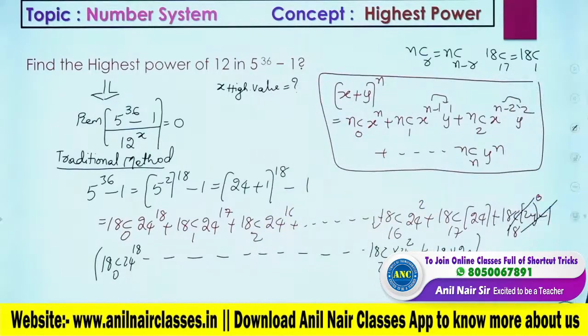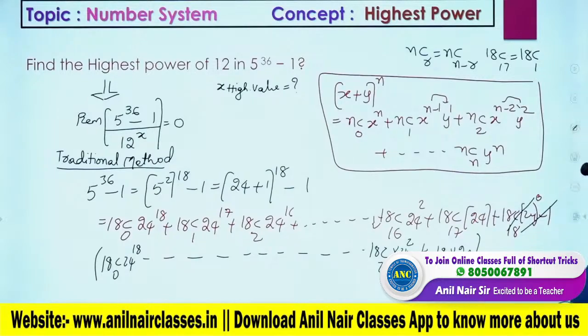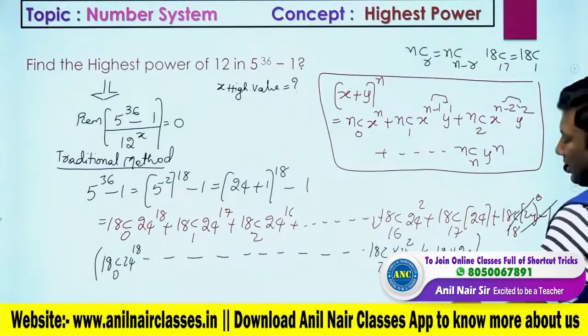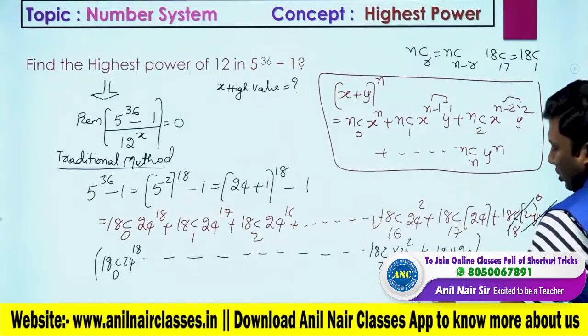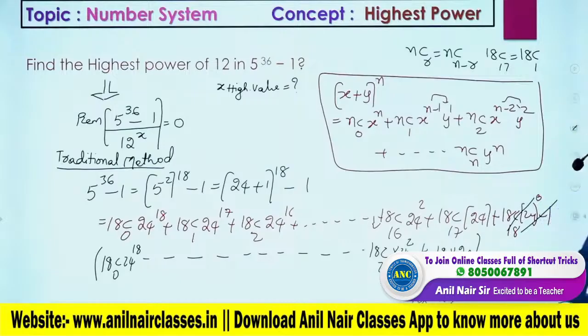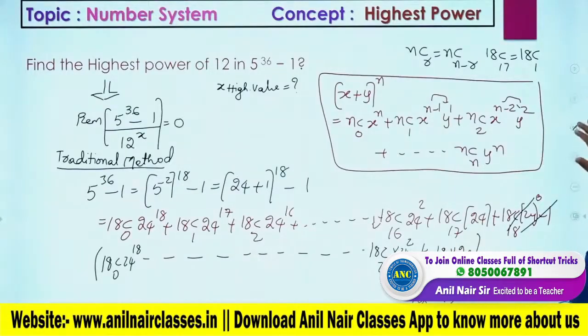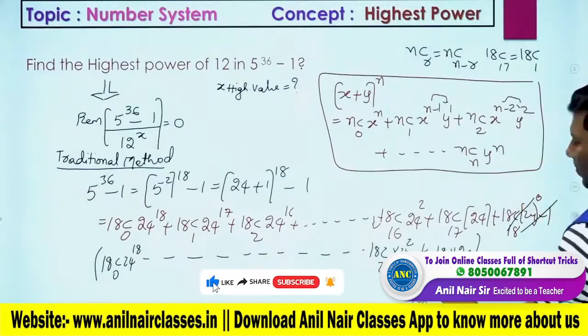Listen carefully. 24 can be written as 12 into 2. Yes or no? 18 twos are 36. So it is 12 into 36, and 36 is 12 into 3. 18 into 24 has how many powers of 12? 2 powers of 12.